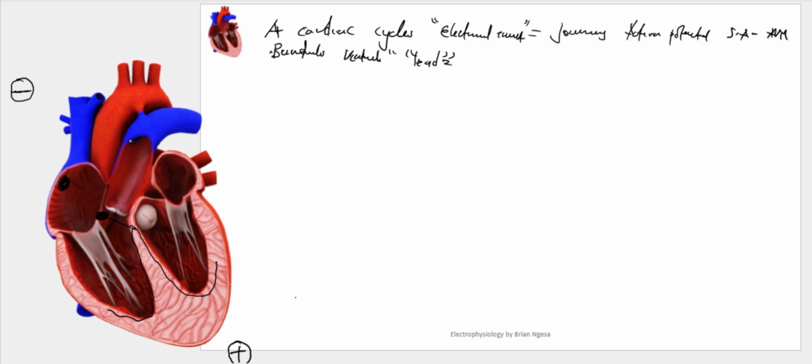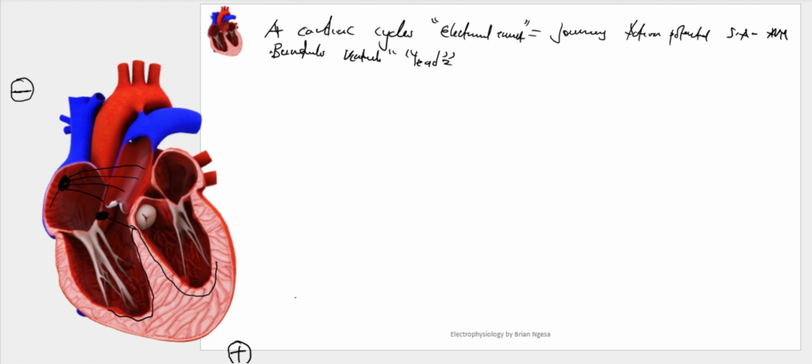We know very well that most action potentials normally start in the sinoatrial node. From there, the charges are expected to spread to depolarize the whole of the atrium. So this is the wave of depolarization, starting from the sinoatrial node and spreading to the whole of the atrium, so that at the end of the depolarization, the atrium is fully contracted.